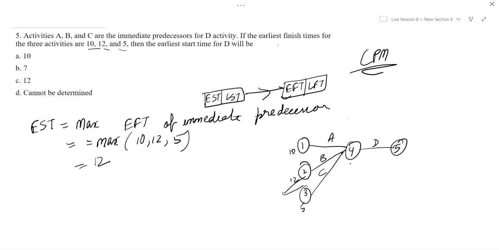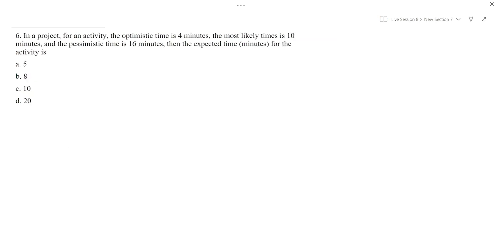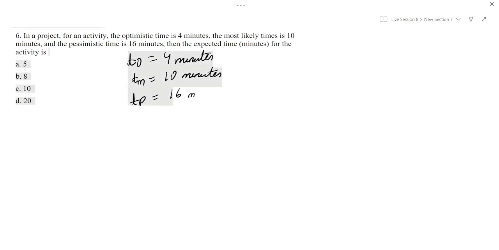Okay, so the next question. In a project for an activity, the optimistic time T naught is equal to 4 minutes, most likely time is equal to 10 minutes, pessimistic time is equal to 16 minutes.